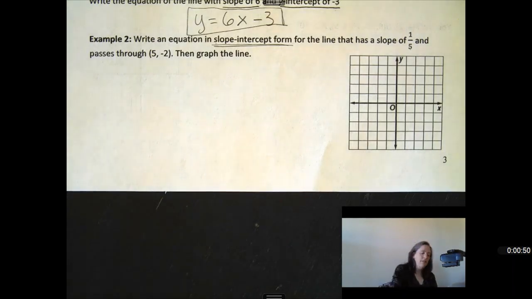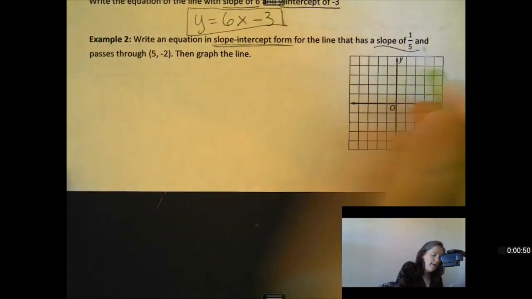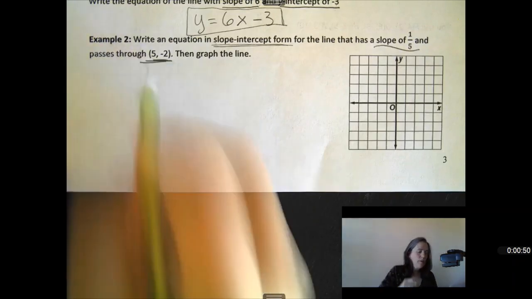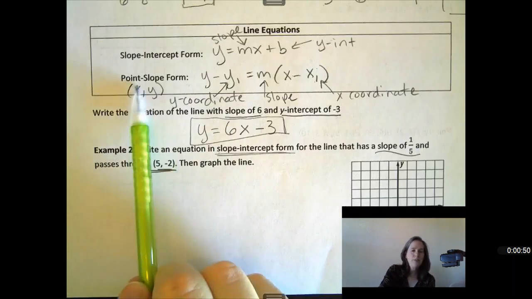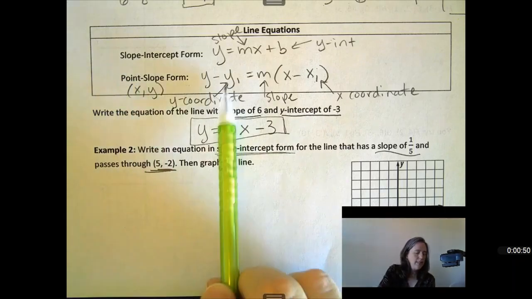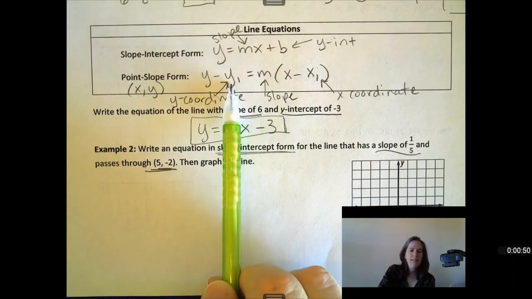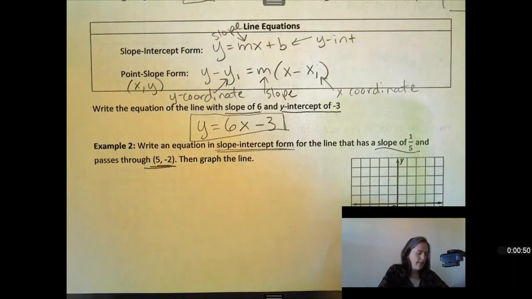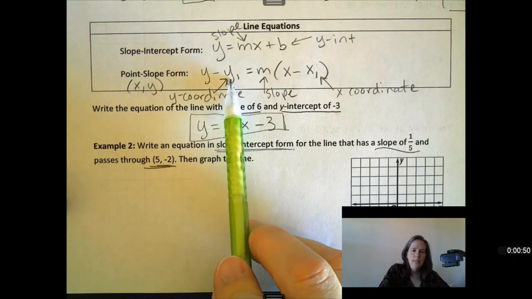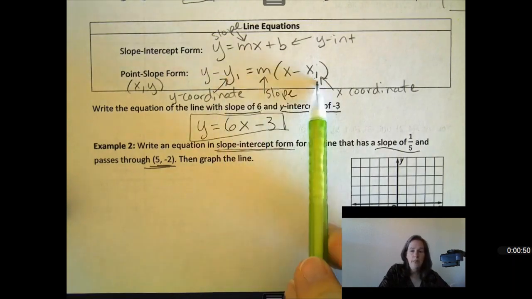So this time they gave us a slope and a point. That means we want to look back up there. I'm going to slide my paper back up, and we need to use the point-slope form. That's what they gave us. So we'll plug in these pieces, and then we'll turn it into slope-intercept form to finish what they've asked us to do. All right, so we need to have a y coordinate, a slope, and an x coordinate.